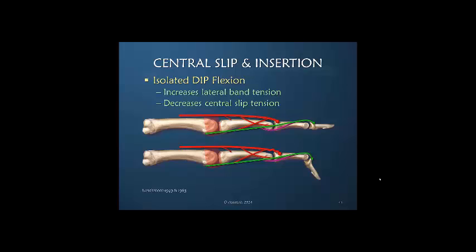You may recall in the first course we talked about how in active finger extension, the lateral bands are the most active, and the central slip does not have much tension in it. This seems really opposite because we think about the central slip and its insertion really being the primary PIP joint extensor. This is food for thought as you sort through all of this information.